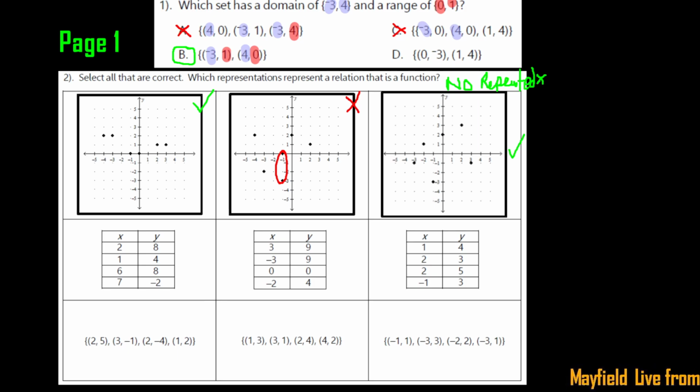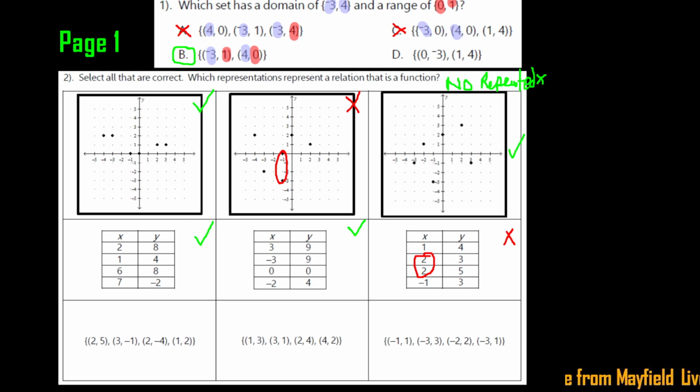And when it gives you a table of values, you only need to look for those x values, and if there are any values that repeat, you know it is only a relation. So this one's good. Second one is good. However, the third is only a relation because it has 2 values for 2.